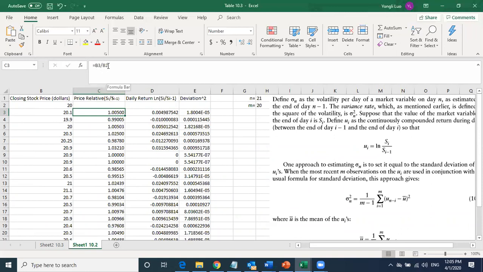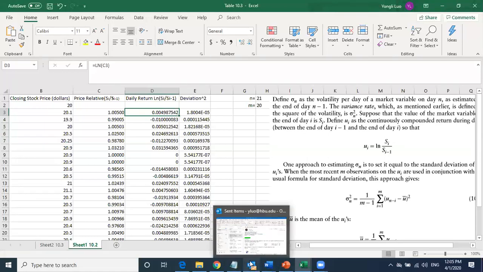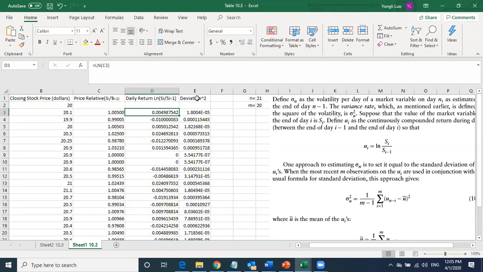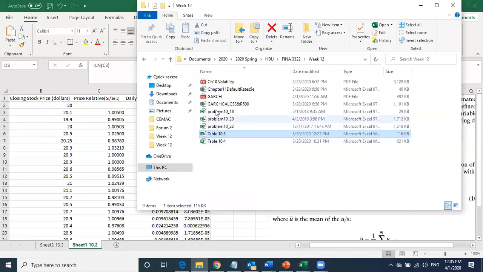You take that ratio and take the ln of it, and that is going to be the return. So we have the return and the variance or standard deviation.